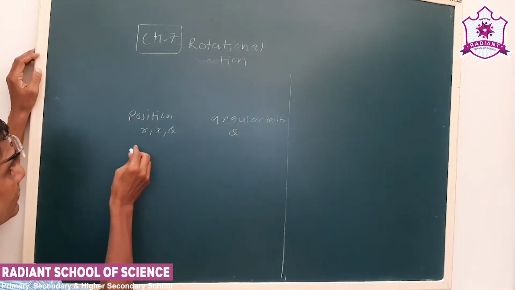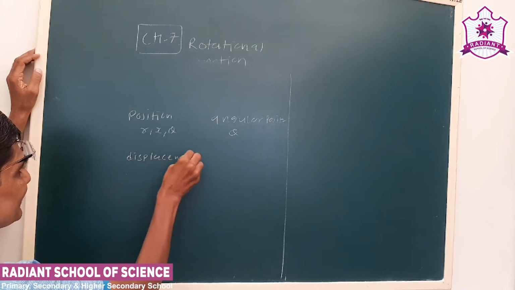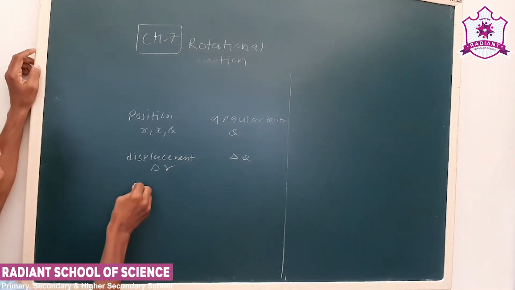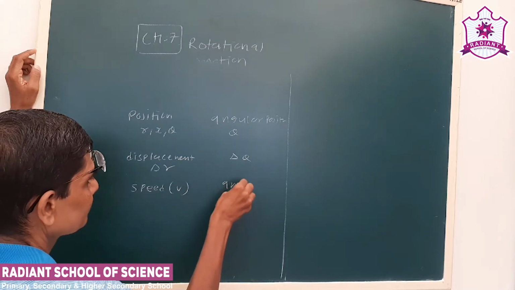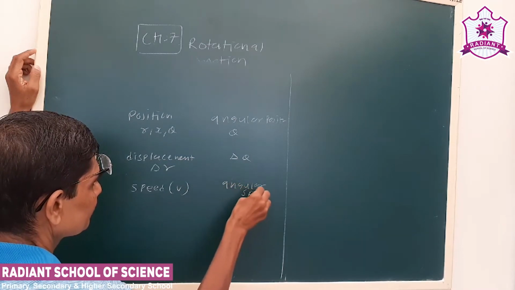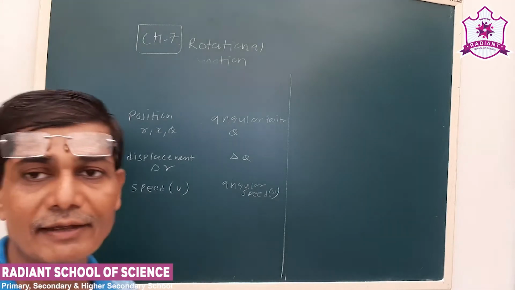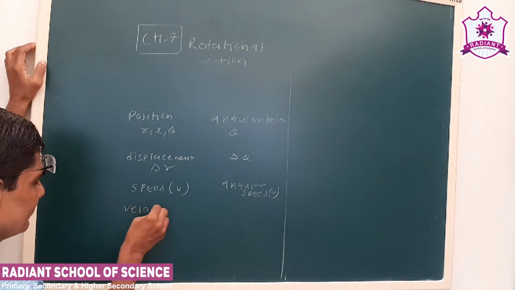Then we have displacement, that is delta r; here it will be delta theta. Here we have speed, that is v; here angular speed. When proper sign is assigned to speed, it becomes velocity, a vector quantity.